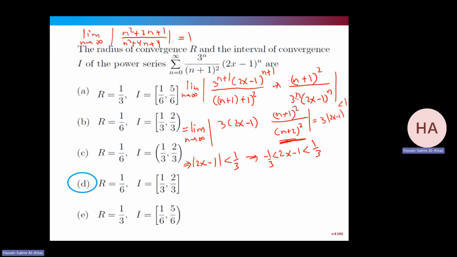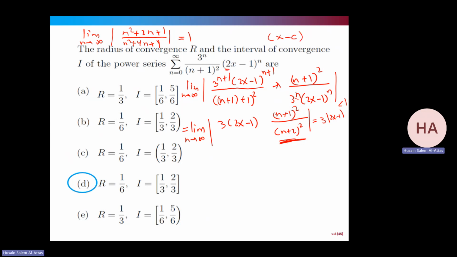Yeah, what is R? Be careful here. What will be R? Yeah. First, I will explain R. Okay. The formula, I have x minus c.